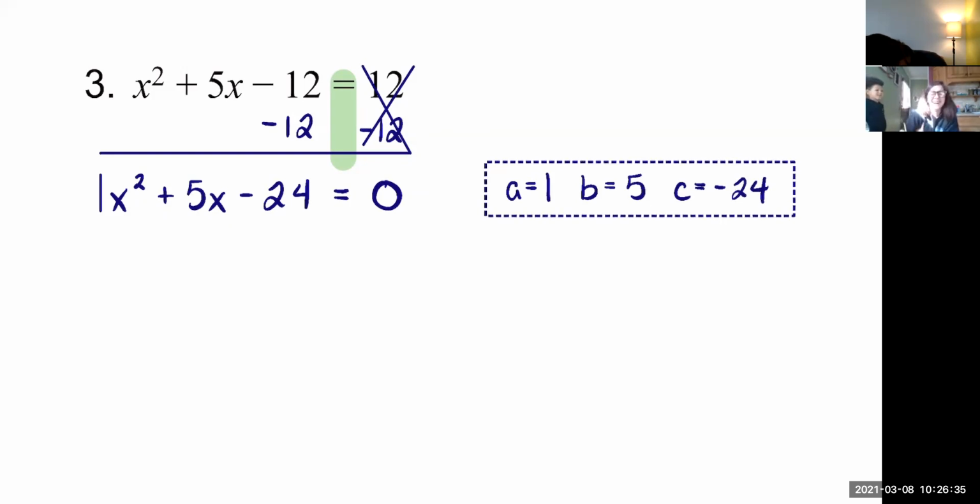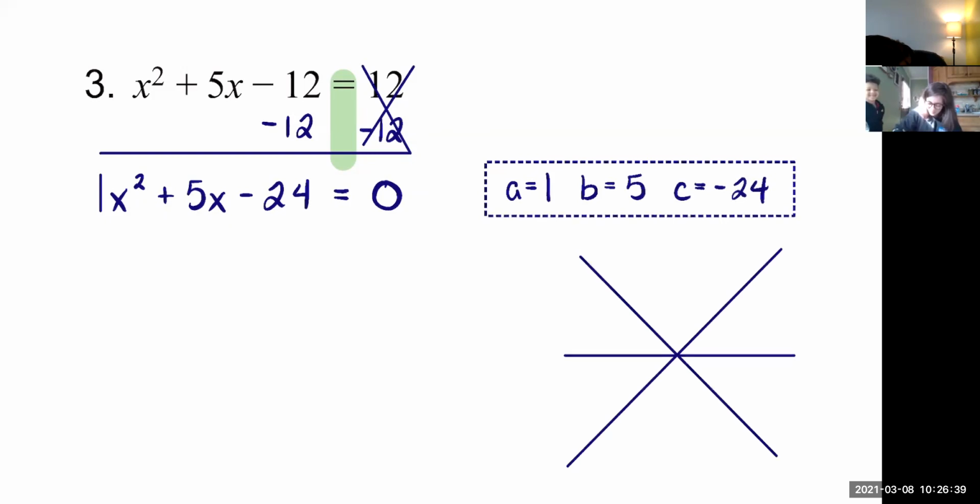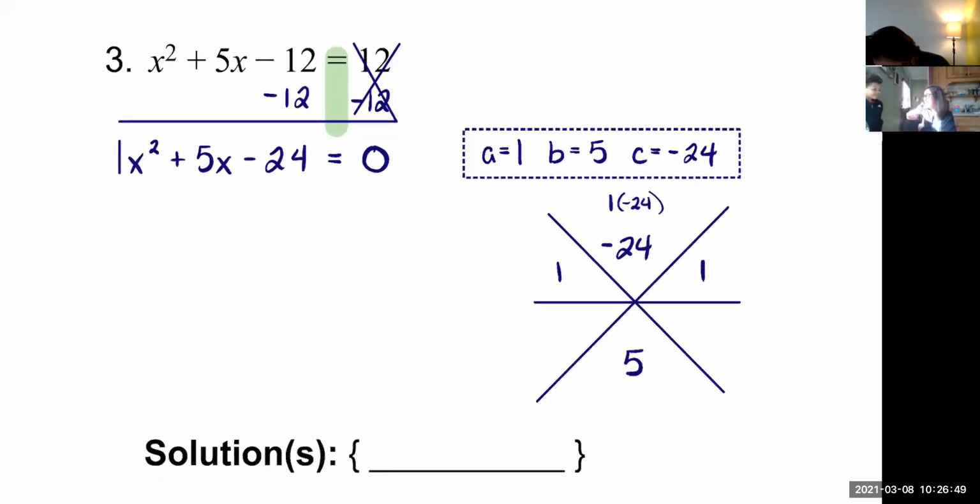Dropping those values into my asterisk, I have A times C on top. 1 times negative 24 is negative 24. A on either side gives me 1s. B on the bottom is 5.